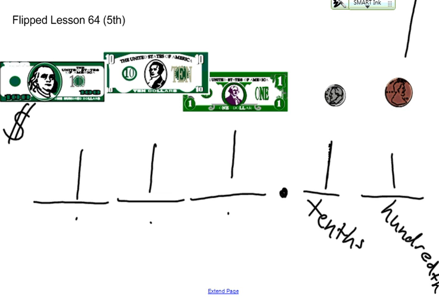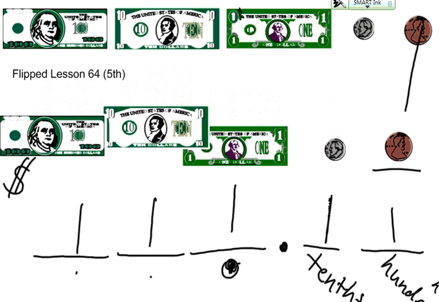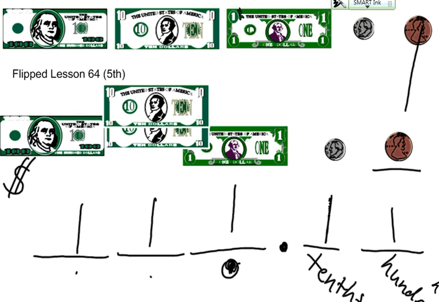Hundredths, because it takes 100 pennies to equal $1. So we have this idea. And if I were to have 2 $10 bills, I would change this to 2. Just like if I were to have 3 dimes, that would change this to 3, and my tenths place value would change.